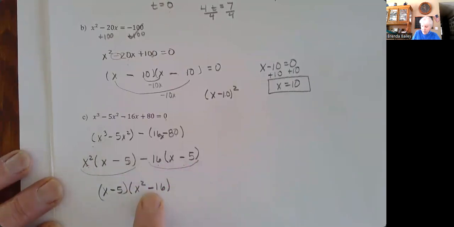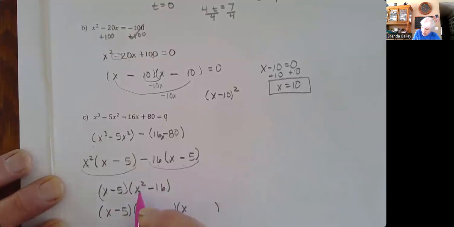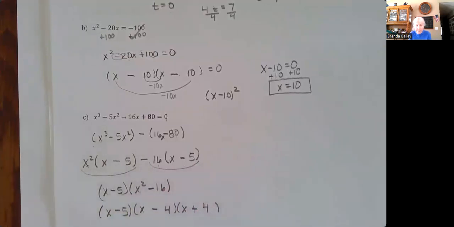It's a difference of 2 squares. So we have x minus 5. X times x gives you x squared. 4 times 4 gives you 16, minus plus, because there's no middle term, so it's got to drop out. Minus 4x and a positive 4x is 0. So again, finish your factoring.